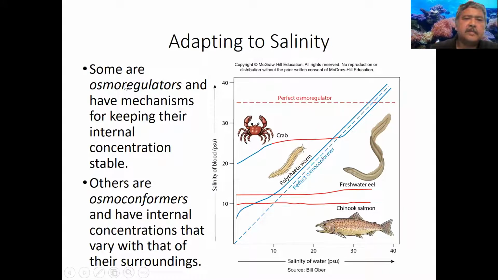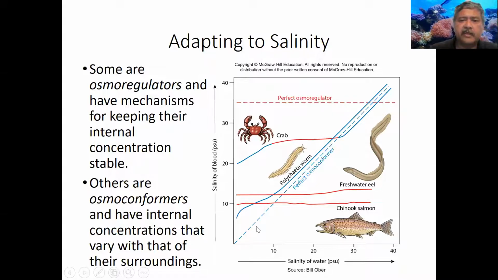The other organisms, some are osmoregulators and some are osmoconformers. Now, an osmoregulator has an internal physiological structure that allows it to change to make the internal salinity of the organism match the external salinity, or the internal concentration of the body fluids would be equal to the outside.